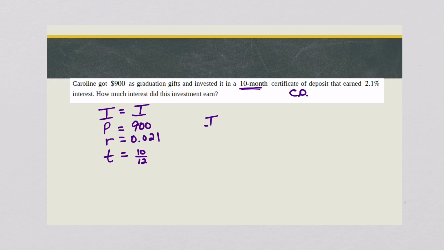So I've got I is equal to 900 times 0.021 times 10/12. So on my calculator, I'm typing in 900 times 0.021 times 10/12, and I get that she earns in interest $15.75.